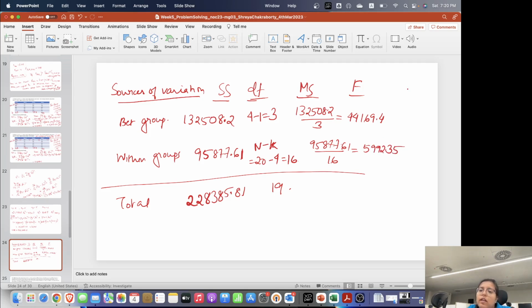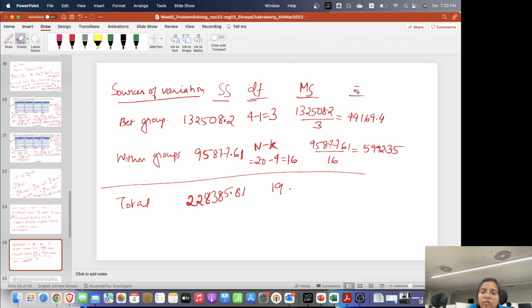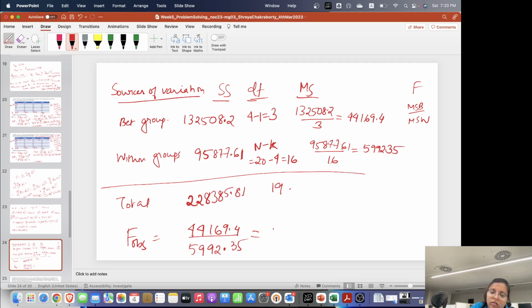Then the F statistic will be MSB by MSW. So F observed in this case will be 44169.4 by 5992.35. How much is it coming to? 7.37. Okay.